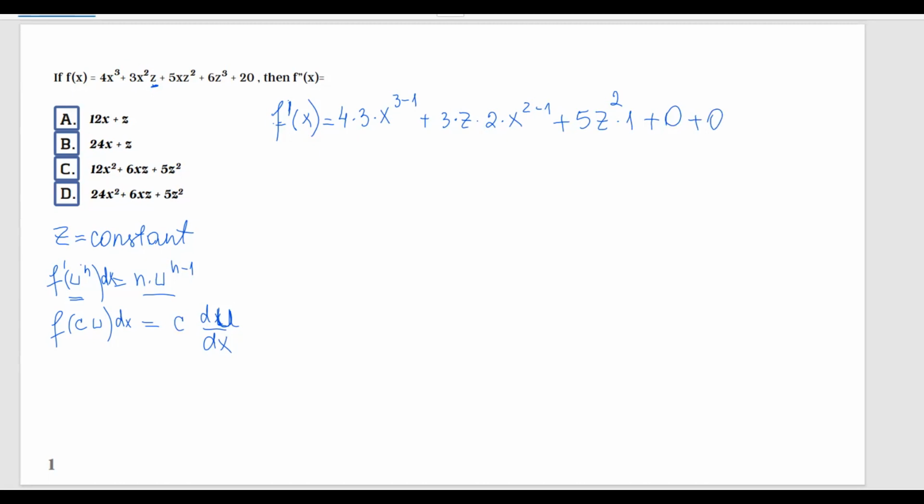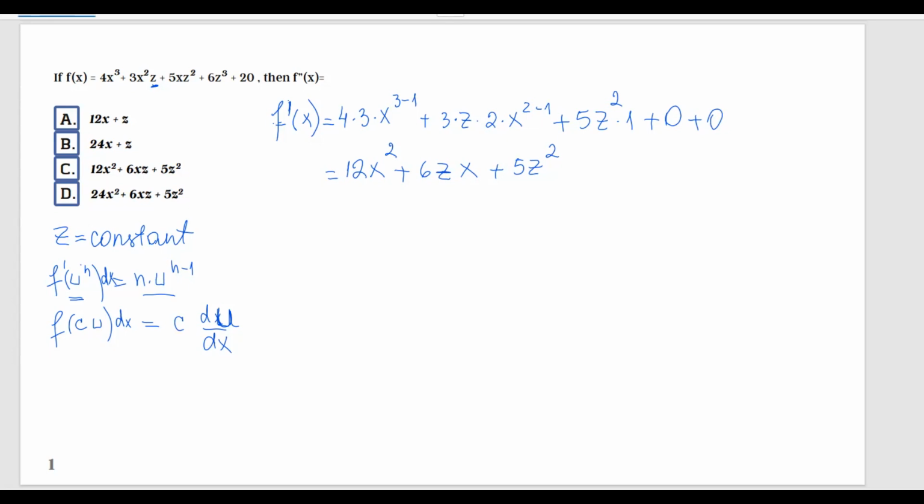Now let's solve for this. We're going to have 12x to the power 2 plus 6zx, and then plus 5z squared.